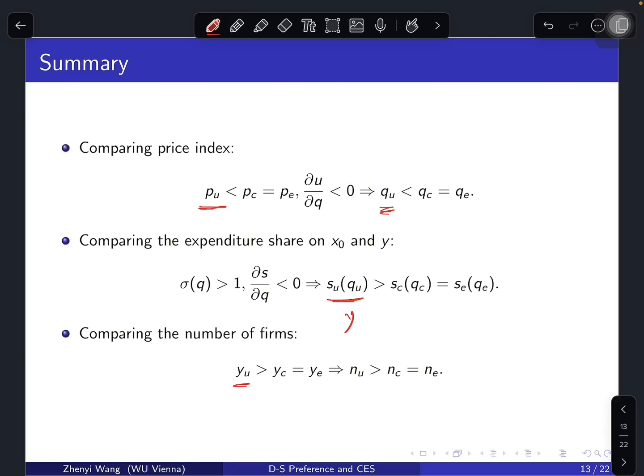And we assume that in the differentiated product sector each firm produces one product, so the number of firms is largest under the unconstrained case.